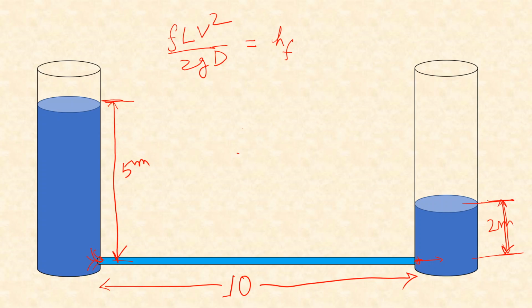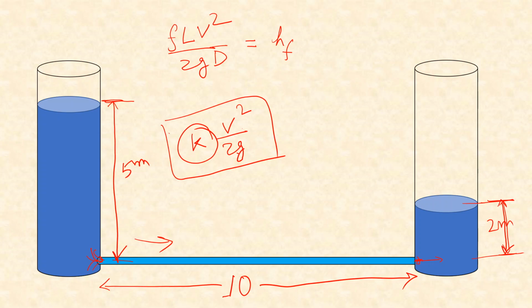Now this entry loss or head loss due to entry is also given as a function of the velocity inside this pipe, that is the velocity head v square by 2g is multiplied with some coefficient k. So this k will depend on how smooth the transition is.